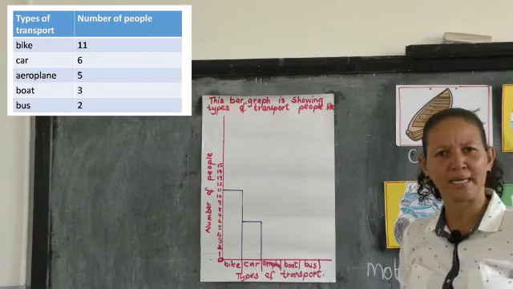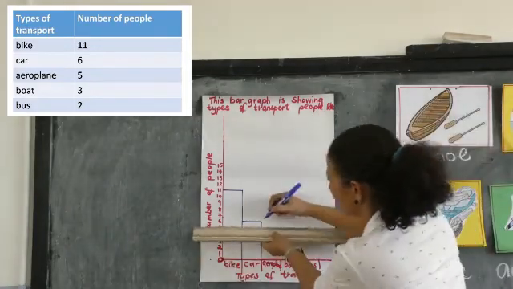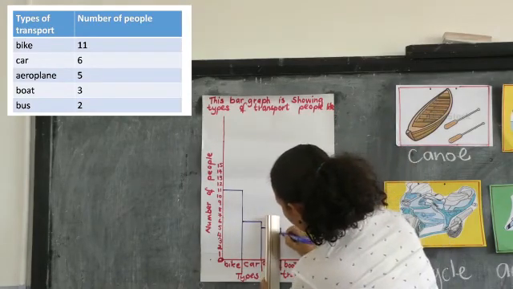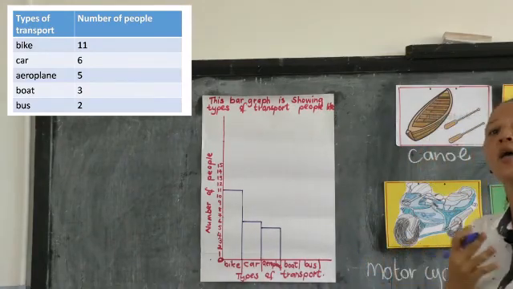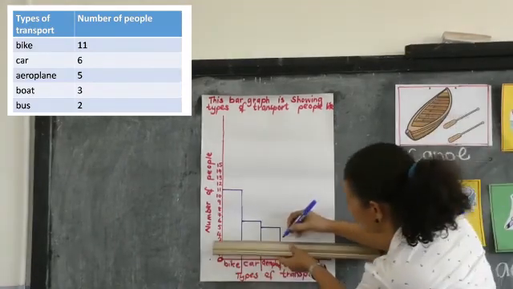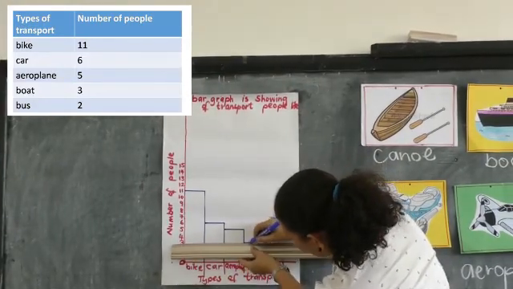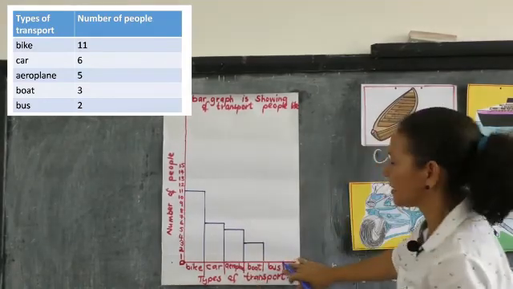How many people like aeroplane? 5. Good. Okay, the next one is boat. Only 3 people. Okay. 1, 2, 3. And bus, only 2.